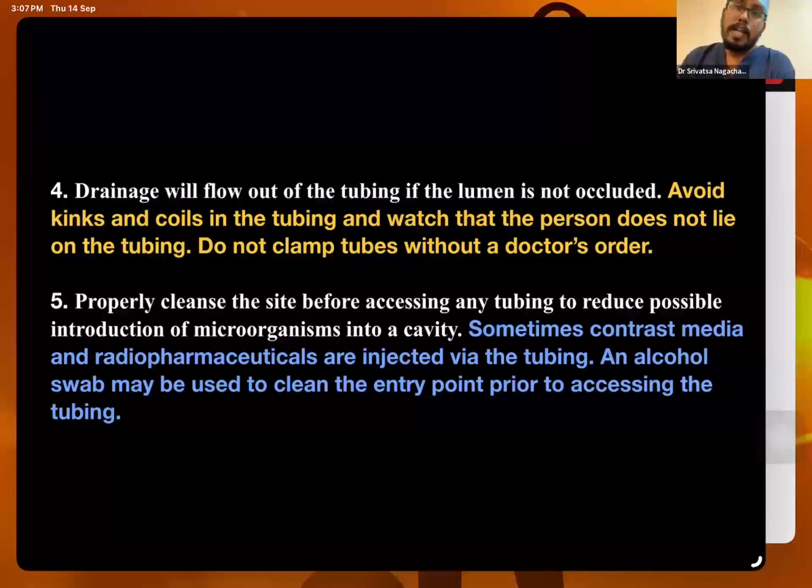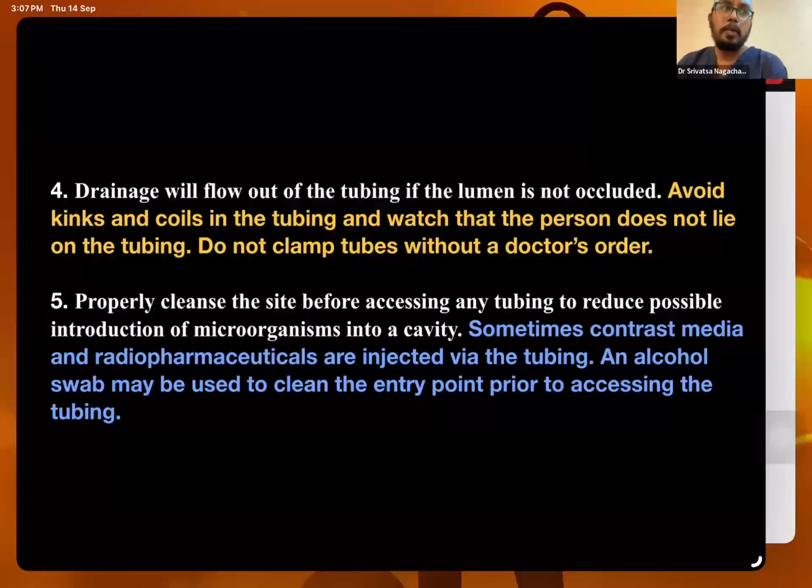Patients often lie on the tube, and that poses a risk of dislodgement as well as increased risk of infection. Also, the most common practice I have seen is clamping Foley's catheters or ICD tubes. If you look at the evidence for that, there is no strong evidence.